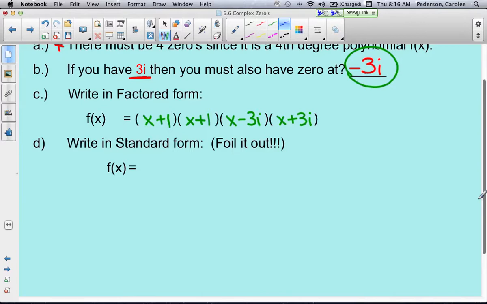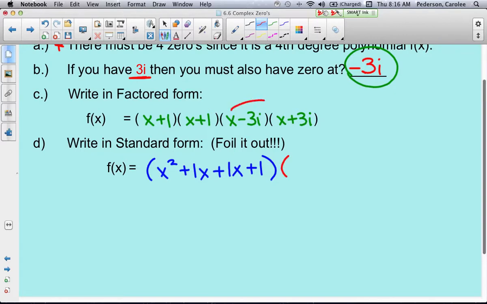So let's FOIL x plus 1 and x plus 1. So we get x squared plus 1x plus 1x plus 1. Then we'll FOIL the green, x minus 3i, x plus 3i.